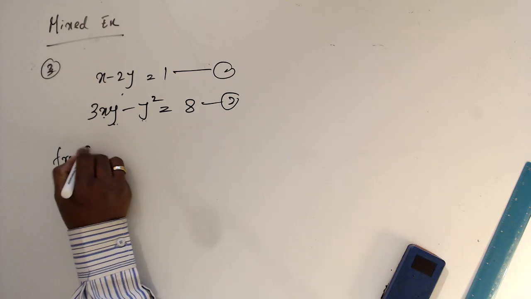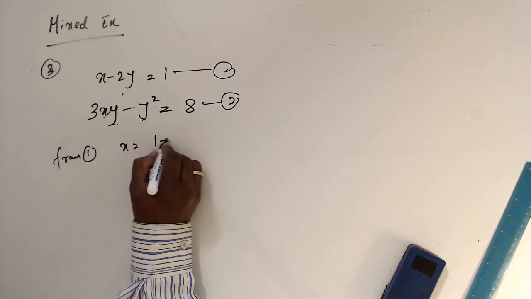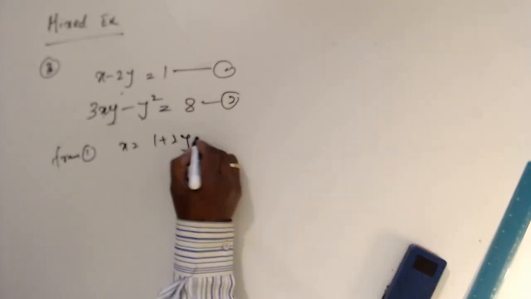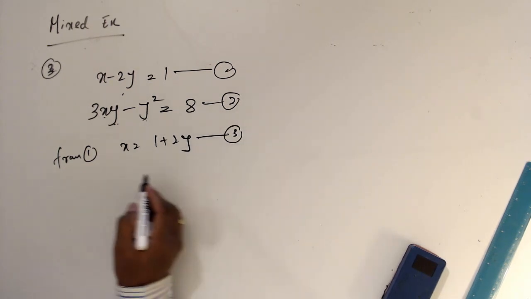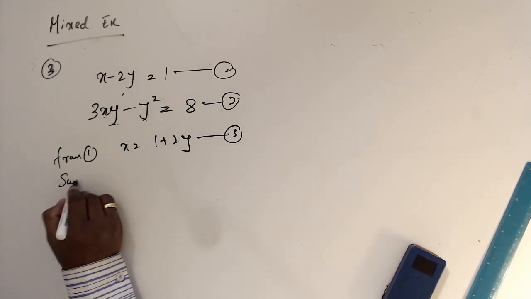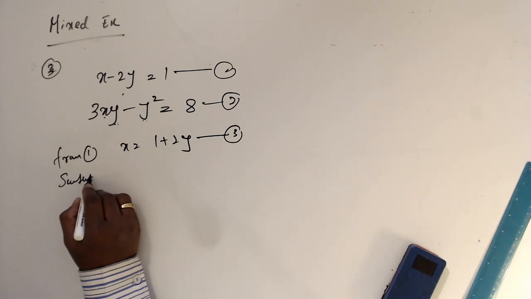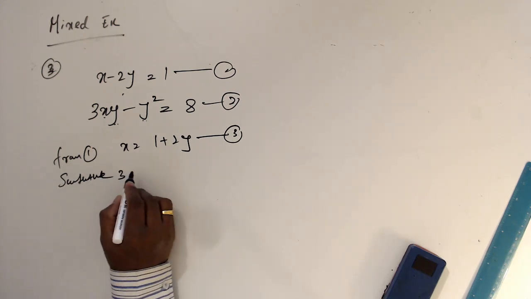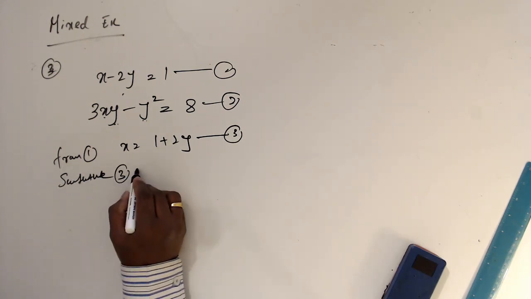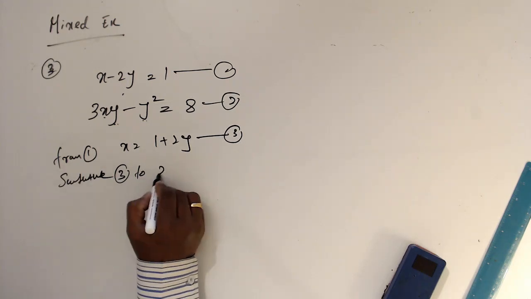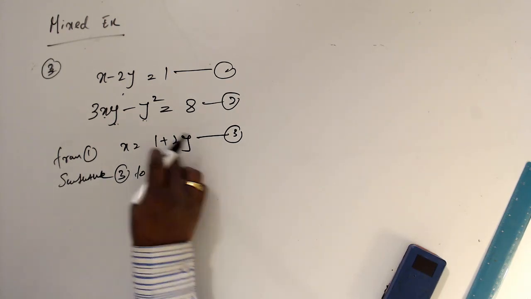from 1, x equals 1 plus 2y. Now this is 3. Now substitute this 3 value into 2.